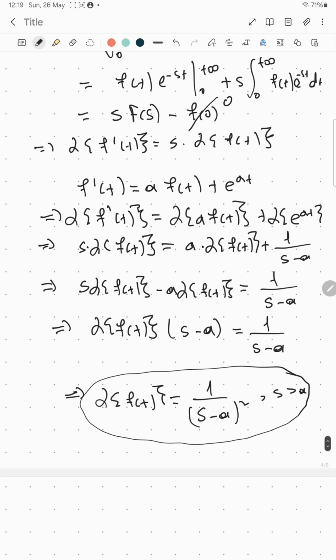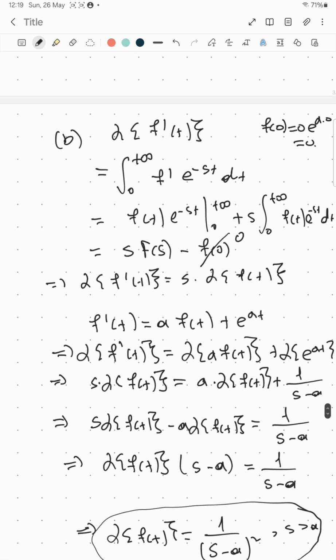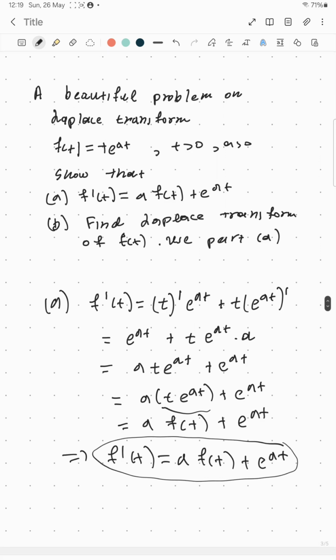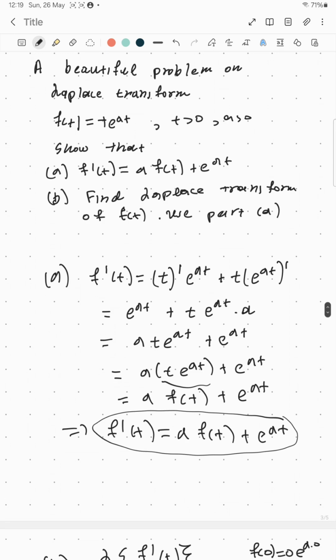It's a quite nice problem in using the Laplace transform. The first part is to find the relationship that associates the derivative of the function and the function, and this helps us then for the second part to find the Laplace transform.